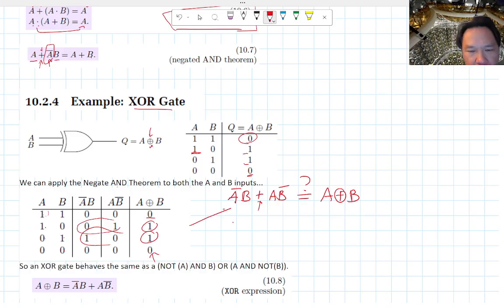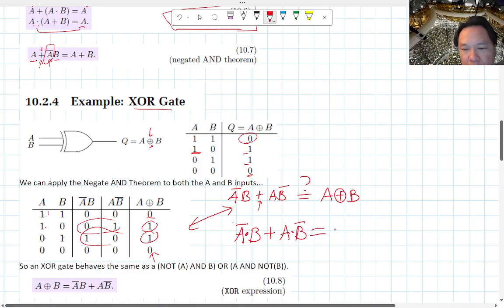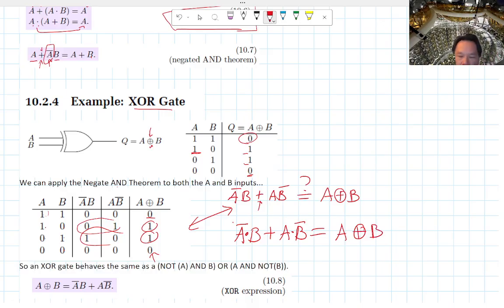By doing this, you can see that these two operations are exactly the same. Having a NOT gate in front of your input A, then an AND between them, and then you OR it with input A and the opposite of input B, is exactly the same operation as the exclusive OR gate.